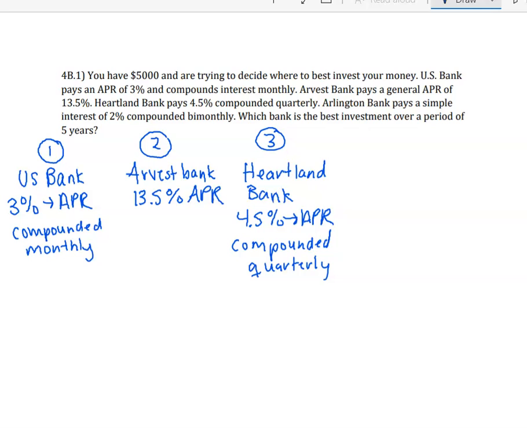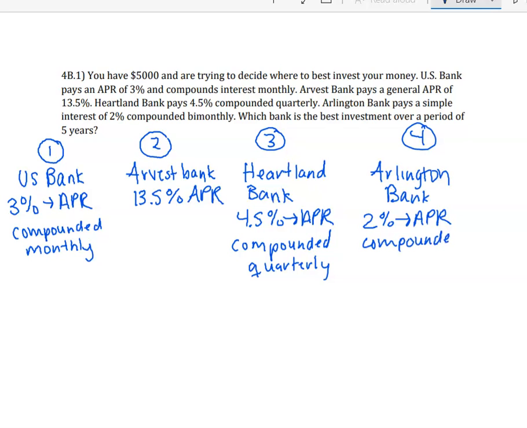And then the fourth bank was Arlington, and Arlington Bank said that they would do a 2% APR, and that it's compounded bi-monthly.